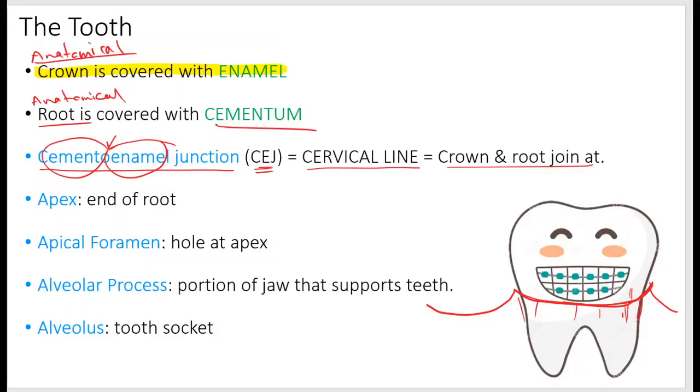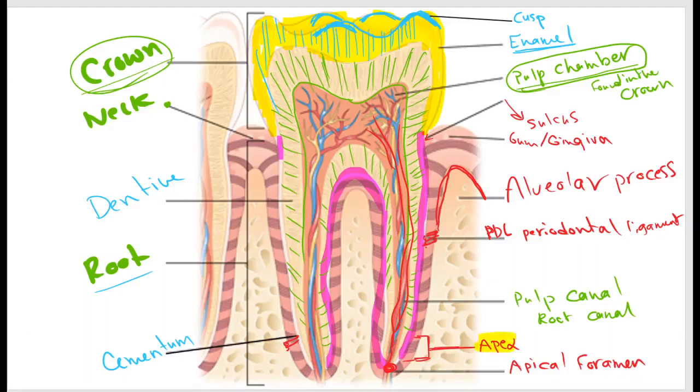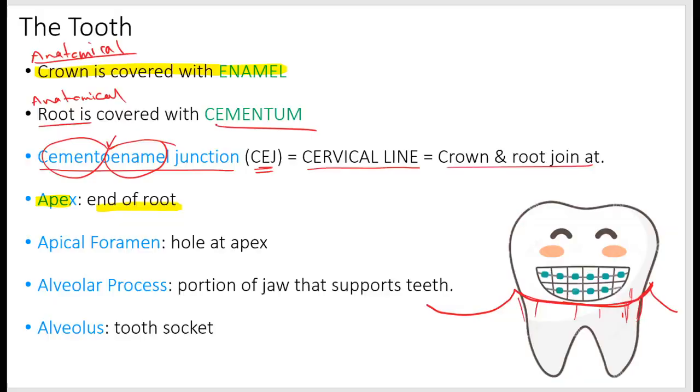The apex, we said it's the end of the root, that area at the end of the root, which is here. That's the apex. And the apical foramen is the opening at the end. The alveolar process is what supports the tooth. Again, we have seen it here.